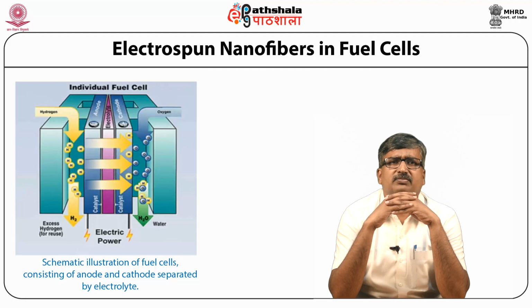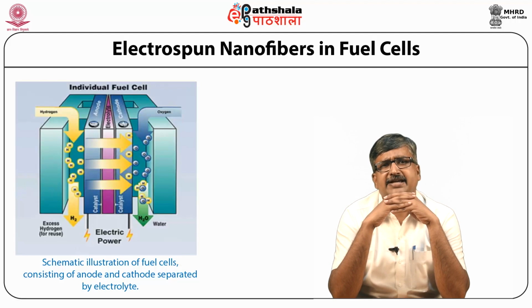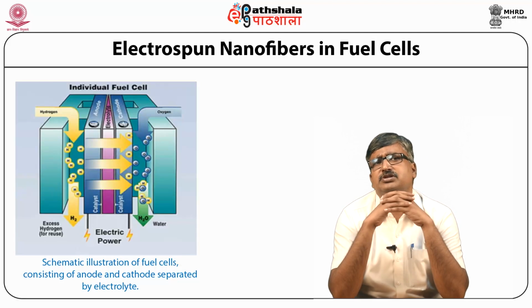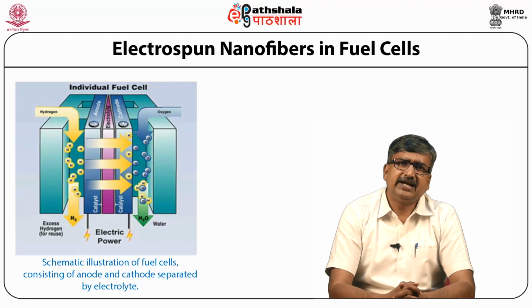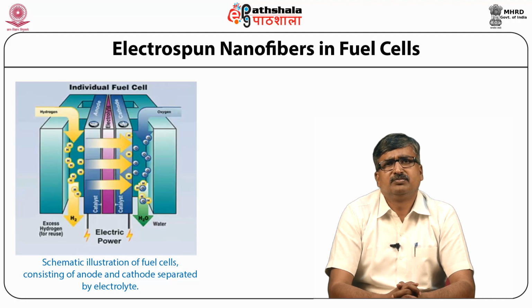Hydrogen is the most common fuel, but hydrocarbons such as natural gas and alcohol like methanol are sometimes used in fuel cell. Fuel cells are different from batteries in that they require a constant source of fuel and oxygen to run, but they can produce electricity continually for as long as these inputs are supplied.